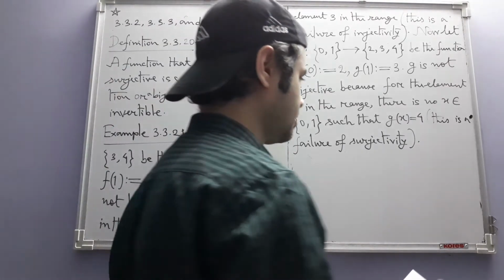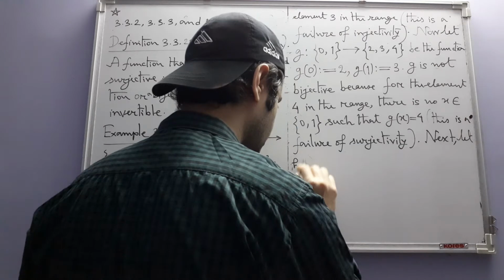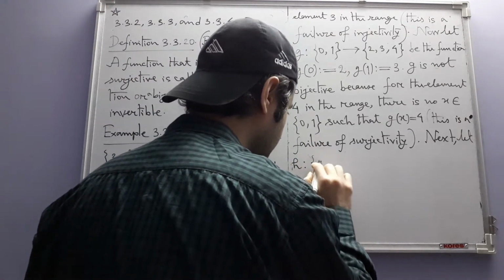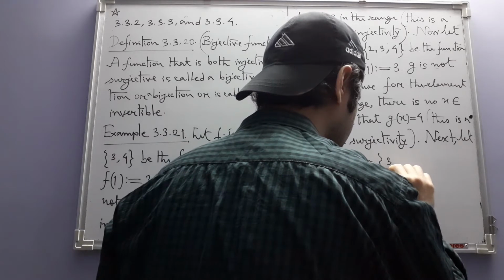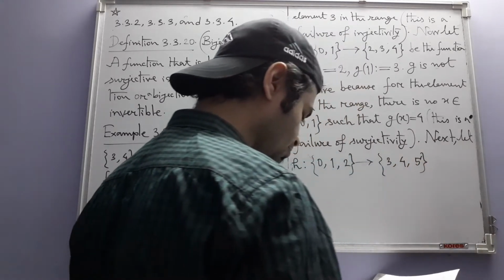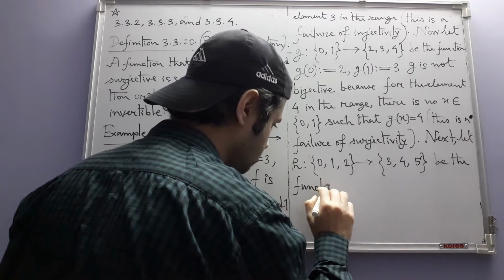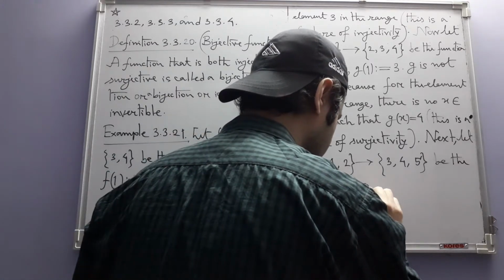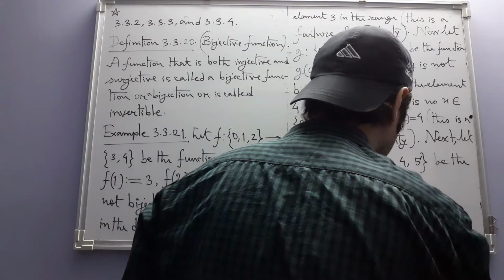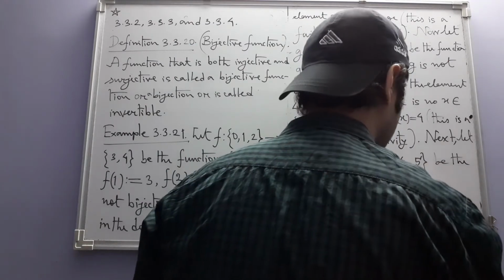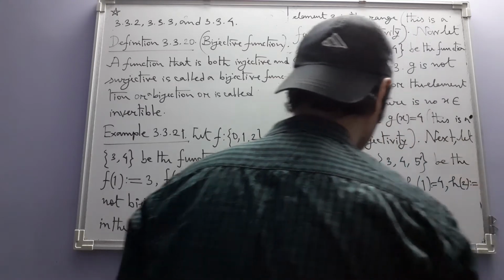Then finally we take another example. Next, let H be a function defined from 0, 1, 2 into the set 3, 4, 5, be the function that is given like this. h of 0 is 3, h of 1 is 4, and h of 2 is 5.